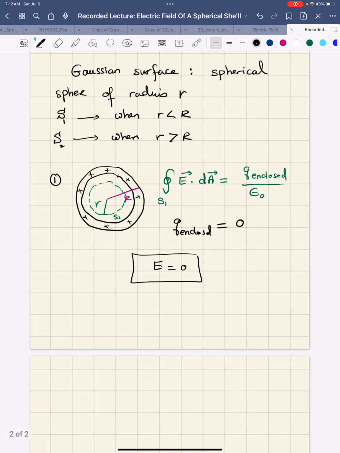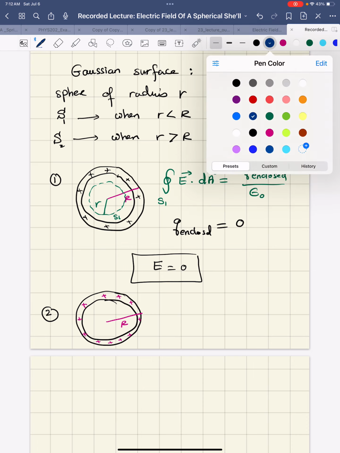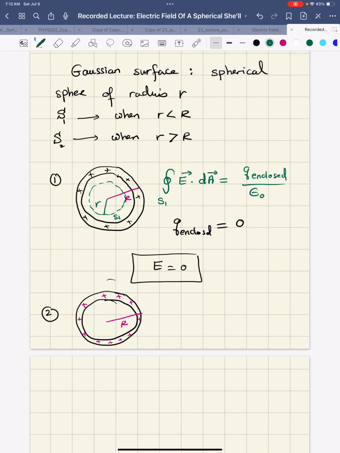And then I don't have any electric field inside that spherical shell. Now for number 2, again I'm going to have the same spherical shell, and it has an average radius R. It is uniformly positively charged. My Gaussian surface is, of course, a spherical shell.